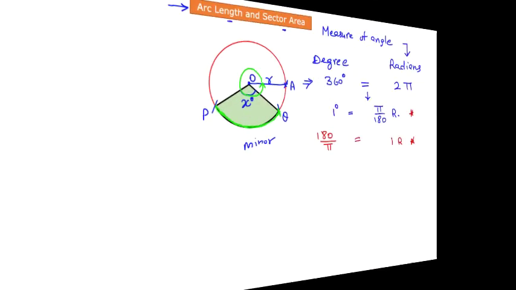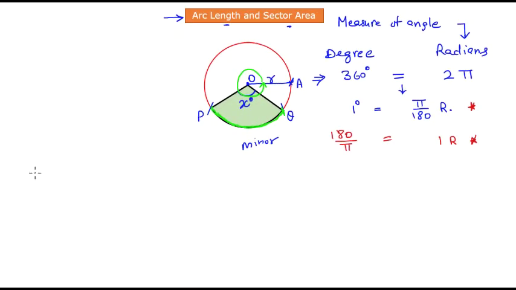Now let us talk about how you compute the arc length and the sector area in a circle. Here, the arc length is denoted by the term S, and the sector area is denoted by the term A. And we are going to create a very simple table.